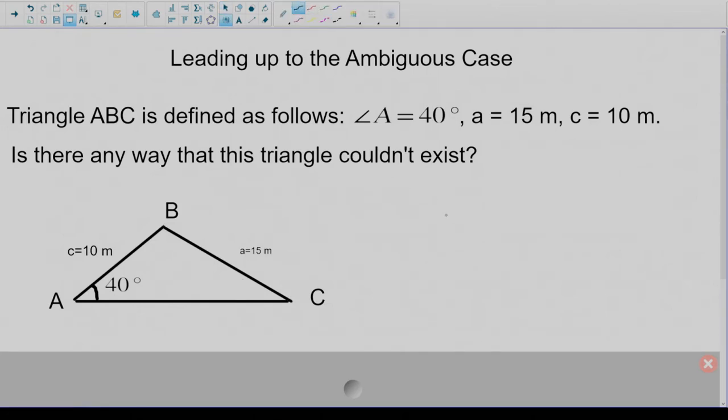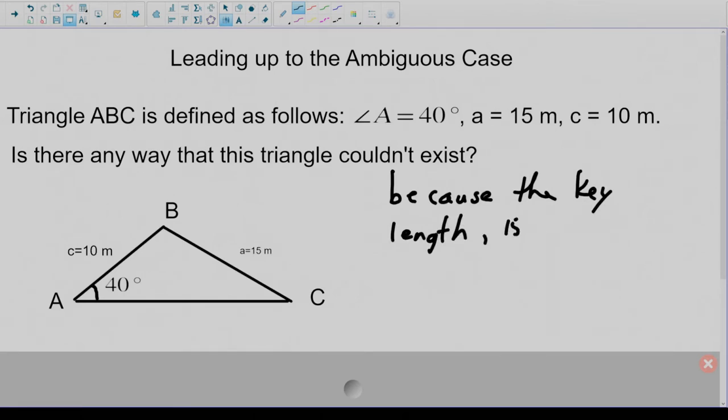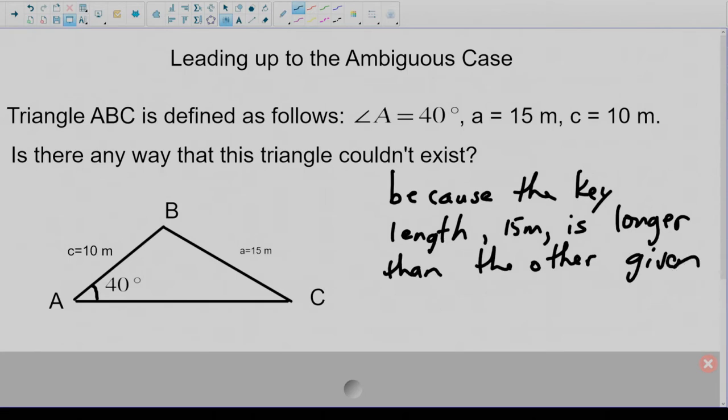So I want you to notice here that because the key length, which is 15, is longer than the other given side, a triangle is possible.